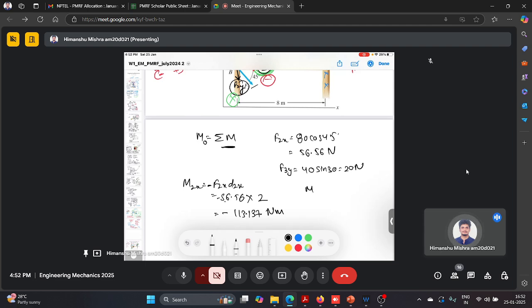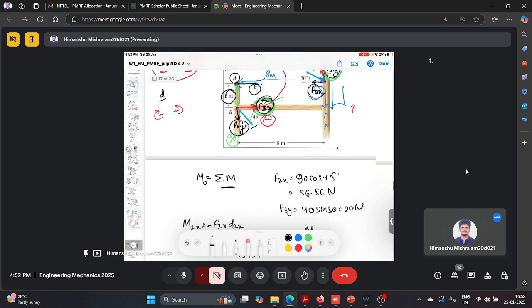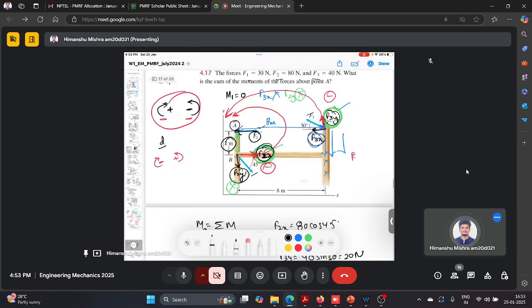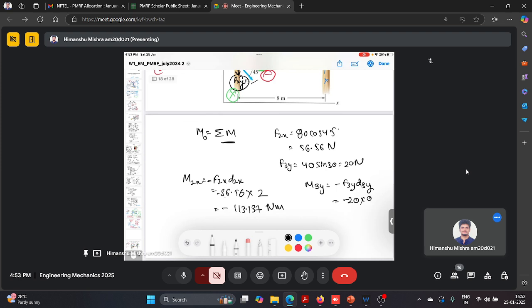Then my movement due to force F3y is minus F3y times d3y, minus 20, and the perpendicular distance of F3y to A is this 8 meters, right, which is minus 160 Newton meter.